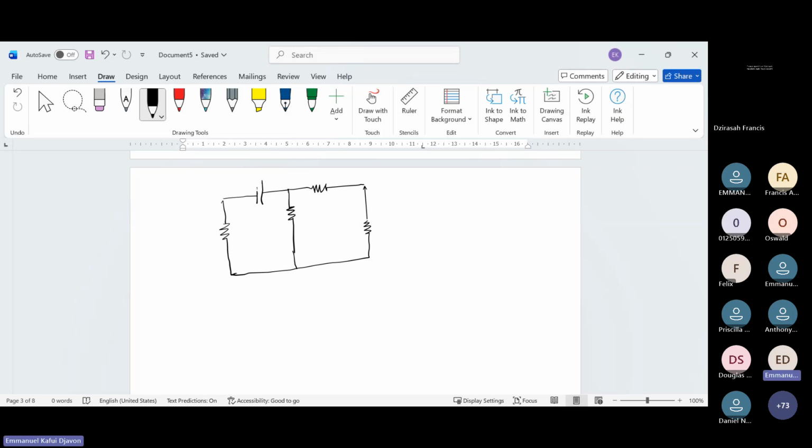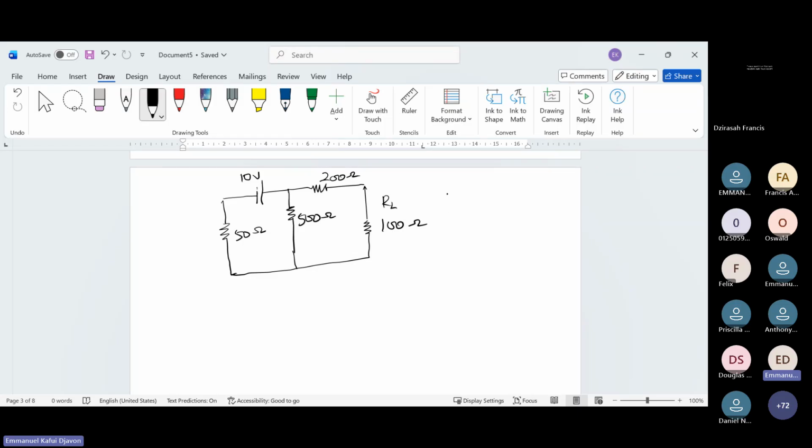So here we have 10 volts. I think here we have 5. Please, if I make a mistake, let me know. This is 200. This will be 100 ohms. This will be 50 ohms. These are RL.